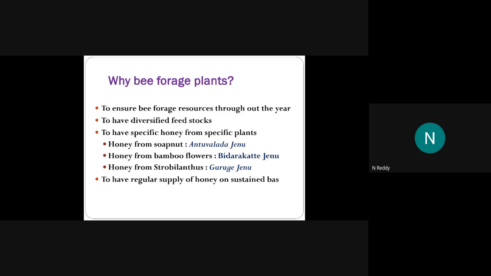When a huge number of flowers flower in one season, and bees collect nectar only from a single species of plant, the honey collected in that season is marketed as honey from that species of flower. So it fetches a very high value in the market as well.